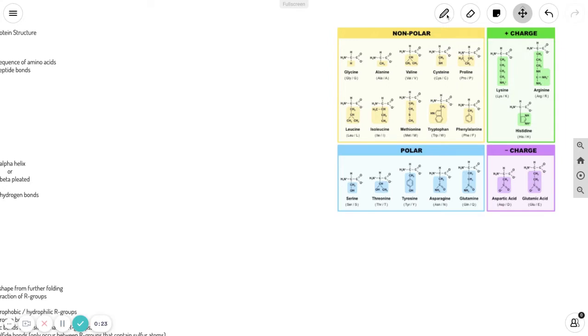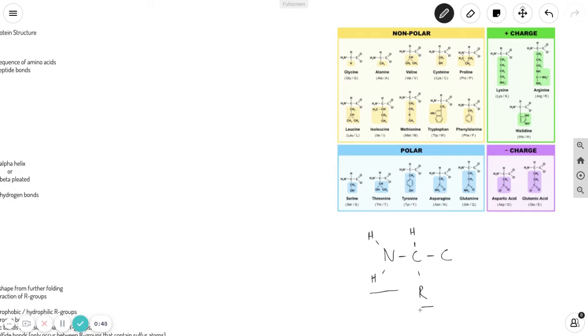And if you watch the video on how to draw an amino acid, it's N, C, C. Two H's come off the N. So this little area here is the amine group. And this is the next group, important part, the R group.